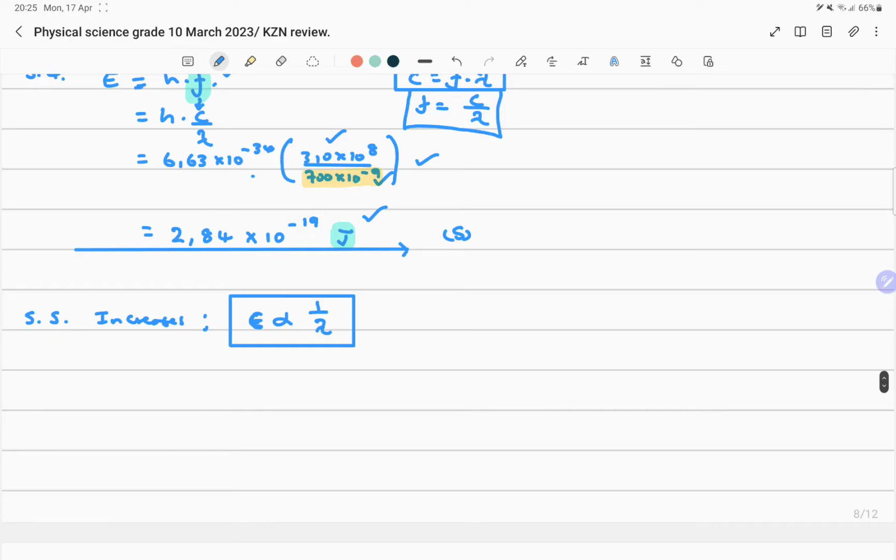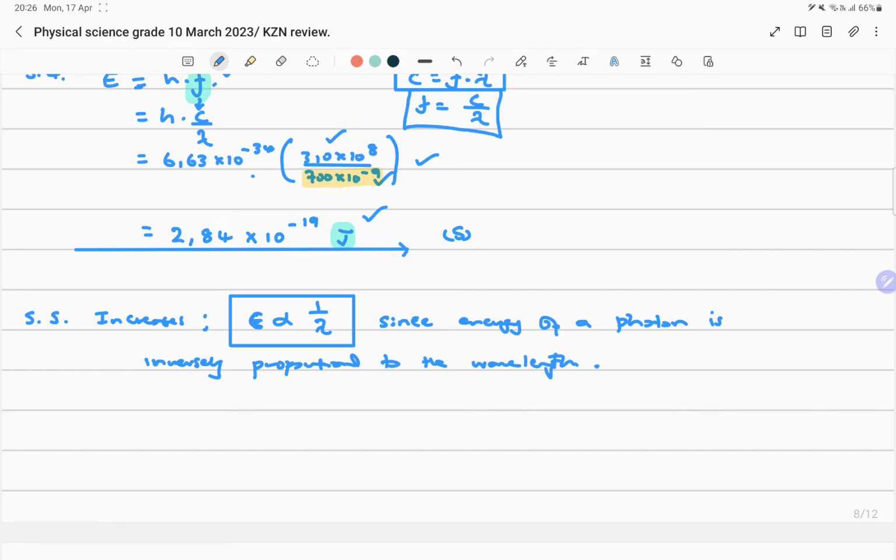Or you can write it out and say the energy of a photon is inversely proportional to the wavelength.